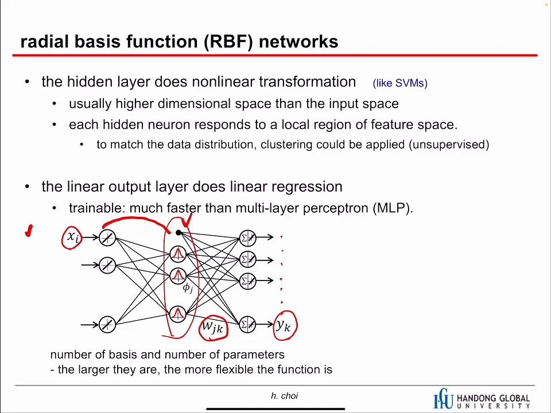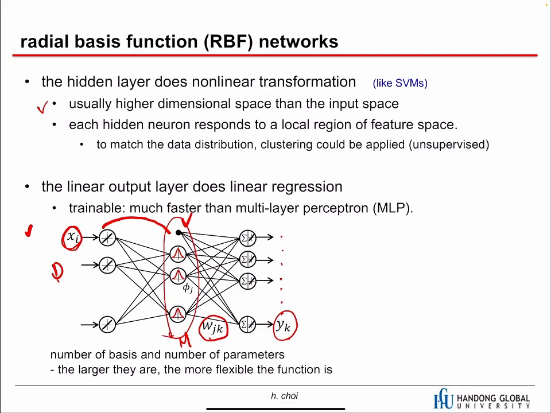Usually the hidden layer is a higher dimensional space than the input space. When the input vector is in the d-dimensional space, then in this hidden representation we have m nodes, and m is higher than d usually. But sometimes we can have a smaller dimensional space, but usually higher.